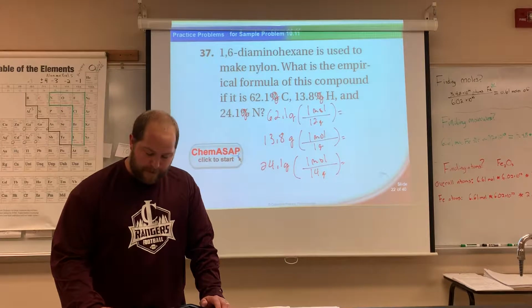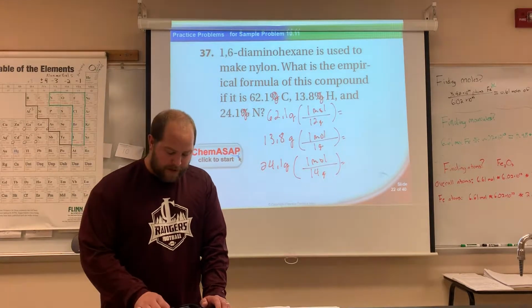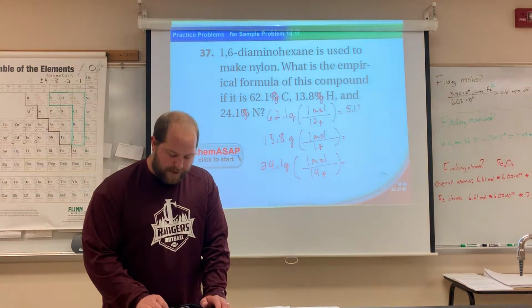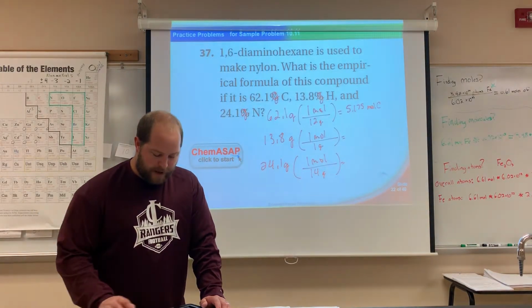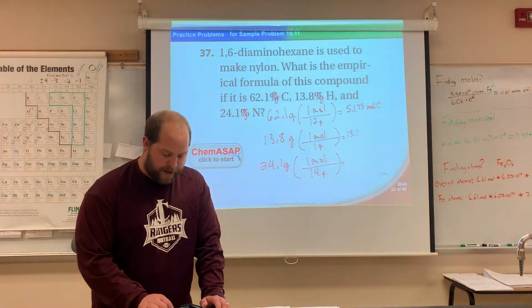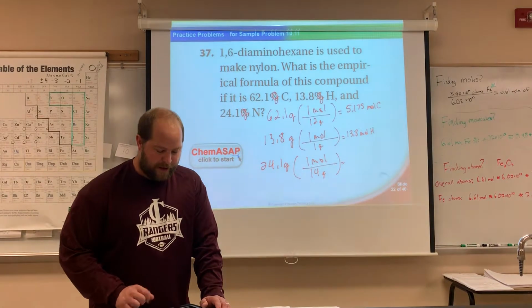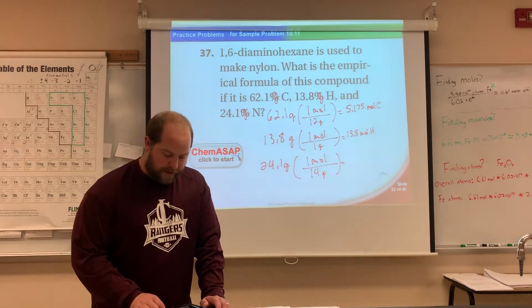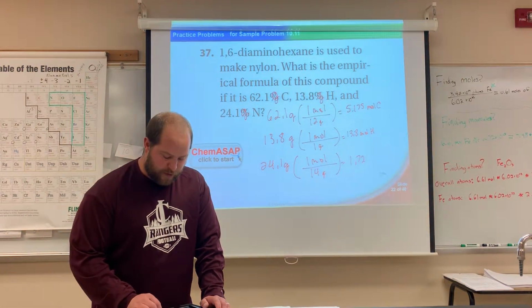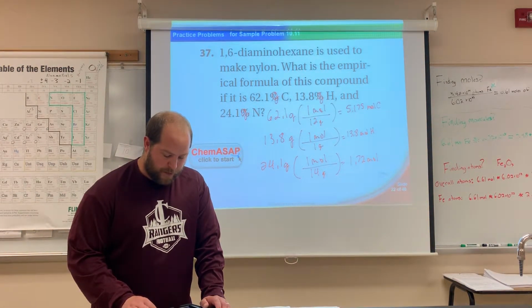62.1 divided by 12, and I get 5.175 moles of the carbon. Hydrogen, I get 13.8 moles of hydrogen. And then finally, 24.1 divided by 14, I get 1.72 moles for the nitrogen.